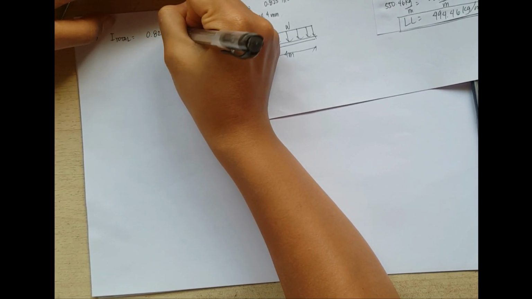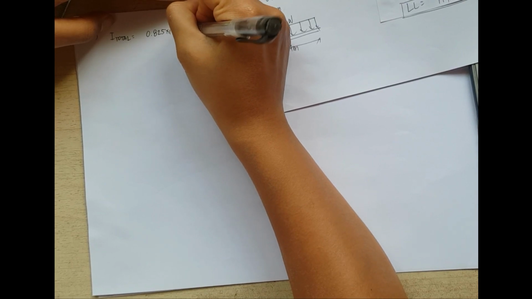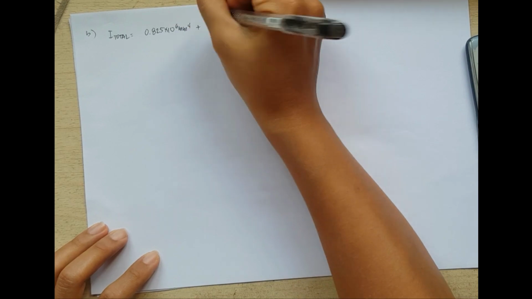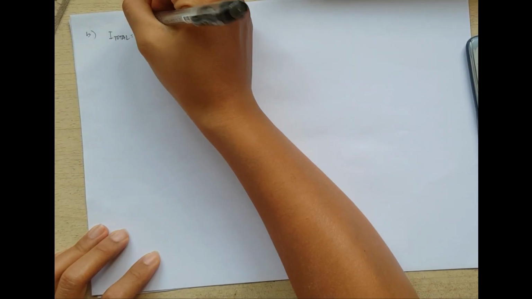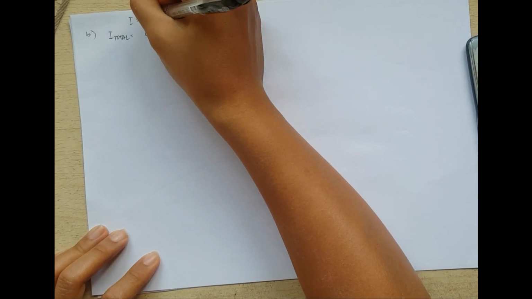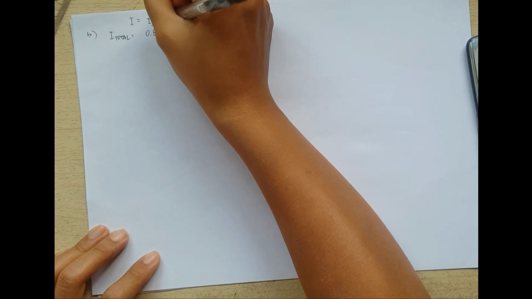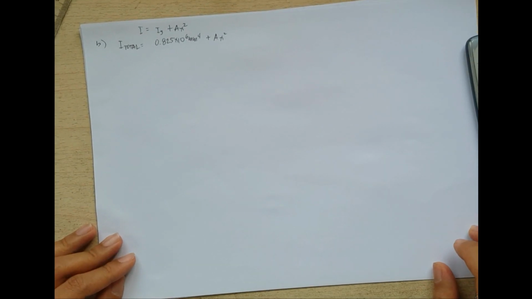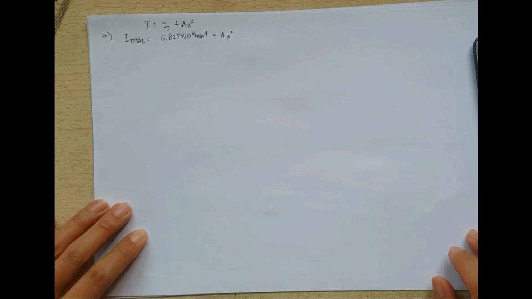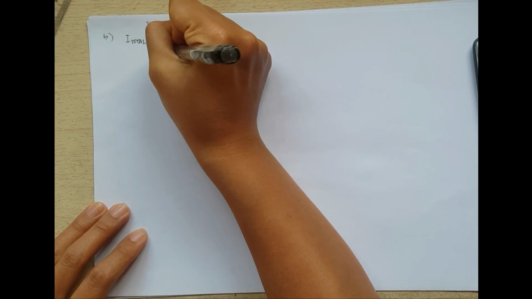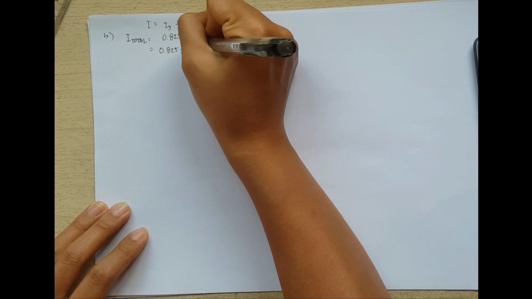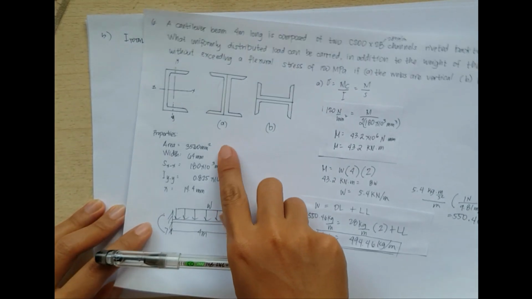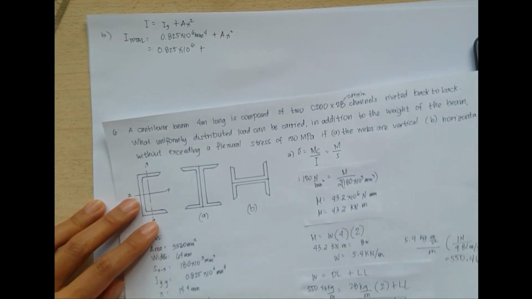0.825 times 10 raised to 6 millimeter raised to 4 plus yung Ax squared natin. So, by the way, yung formula is equal to Iy plus Ax squared, pagkuha ng moment of inertia. So, it is equal to 0.825 times 10 raised to 6 plus yung area, this one, 3560.